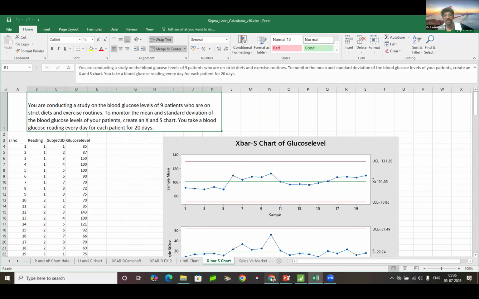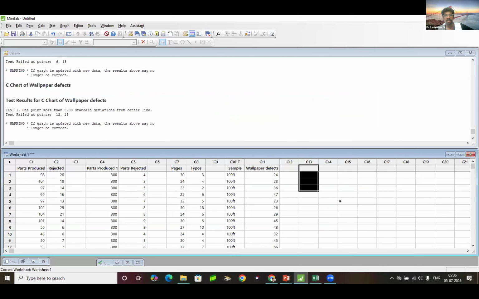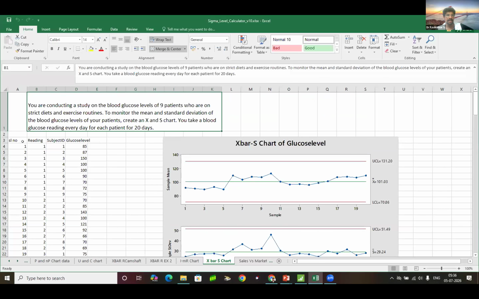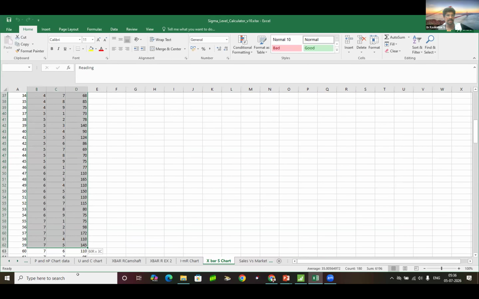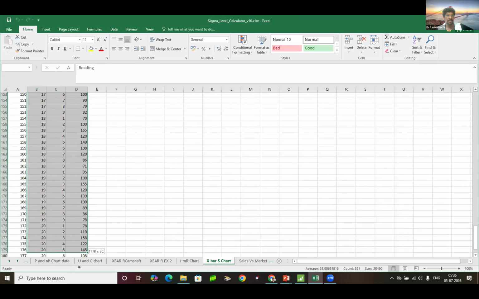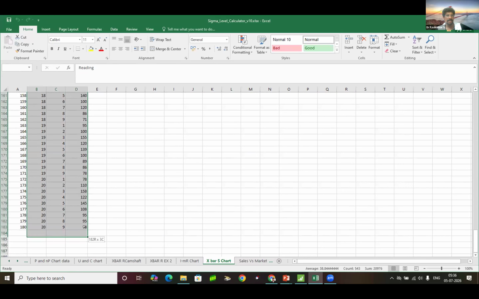All of you, have you seen the attachment? Yes, sir. Okay. Now in that attachment, you copy the reading, subject ID and glucose level. You copy all the columns and paste it. There must be nearly 180 data.